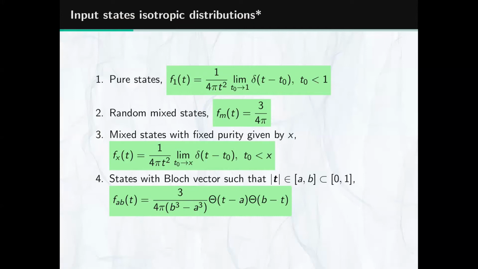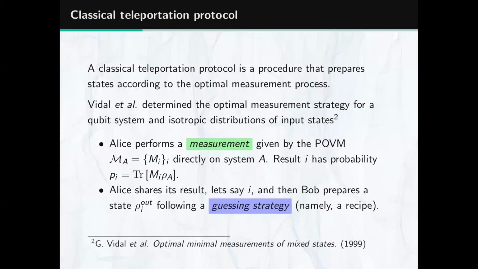The surface? Exactly, you have the surface. And states whose Bloch vector belongs to a shell of radii A and B. These are our 4 different distributions.